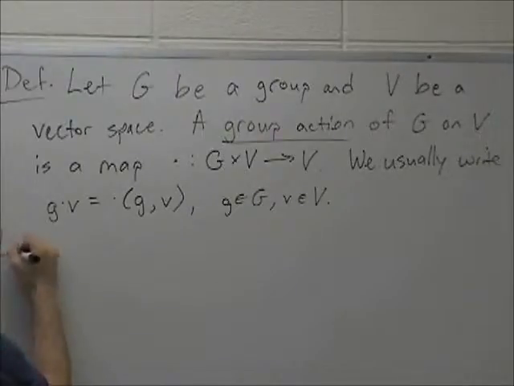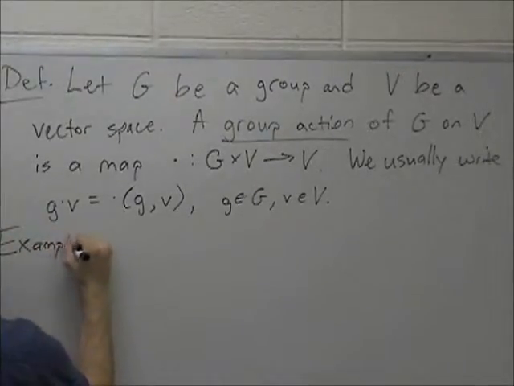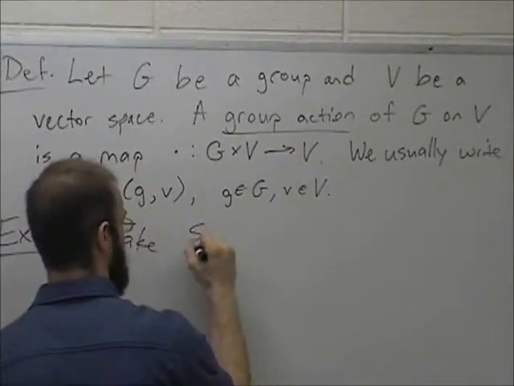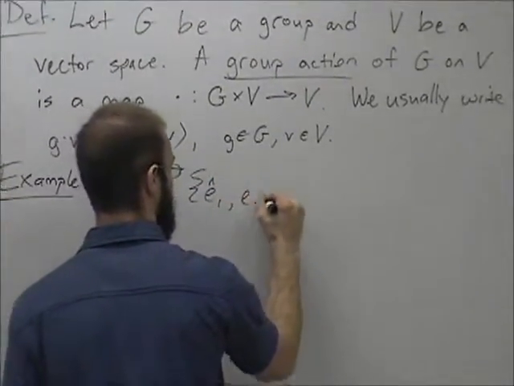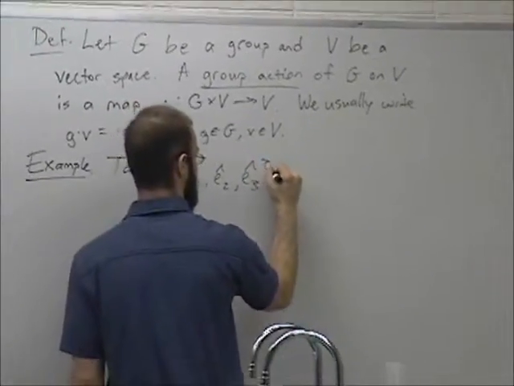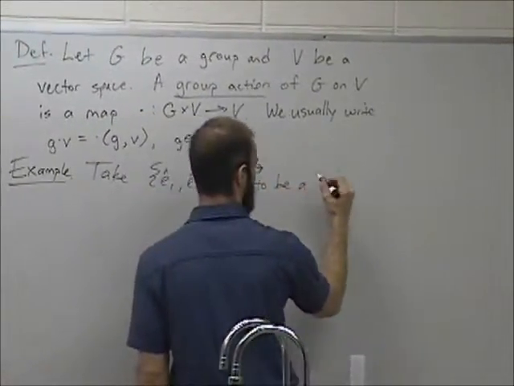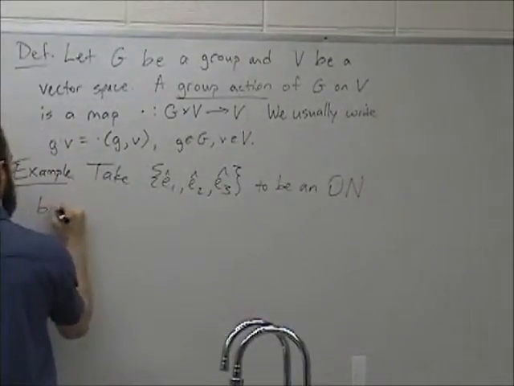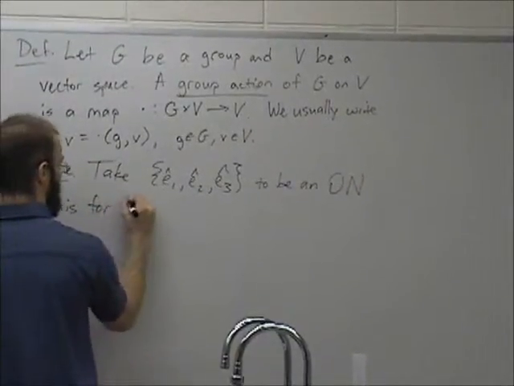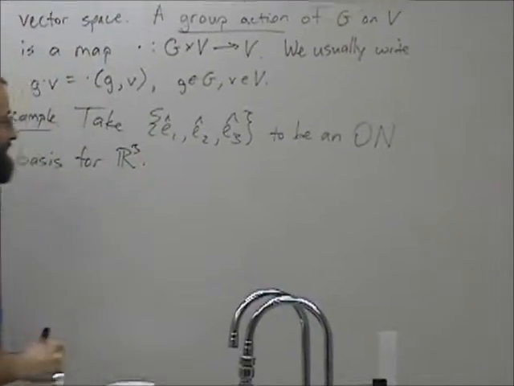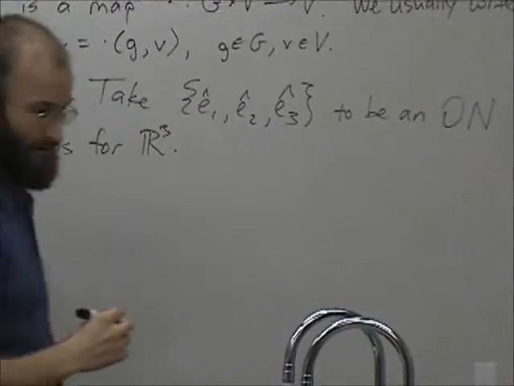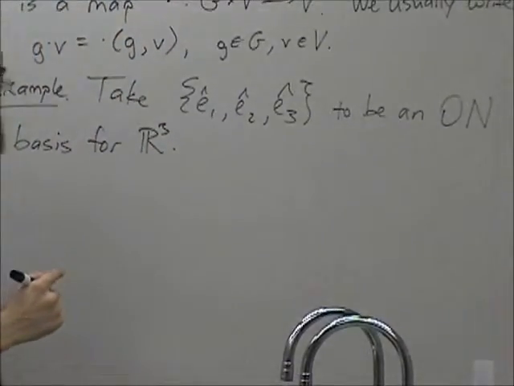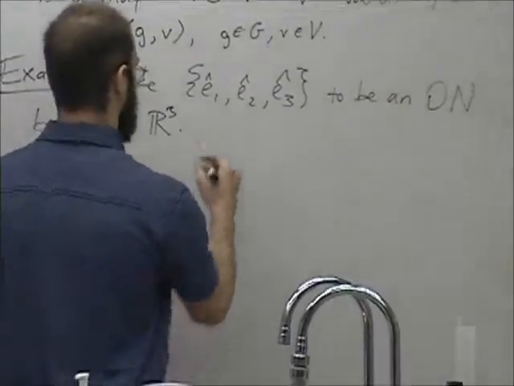Okay. Let's look at an example. Take e1, e2, e3 to be an orthonormal basis for R3. We talked about the symmetric group, so I can mention the symmetric group.